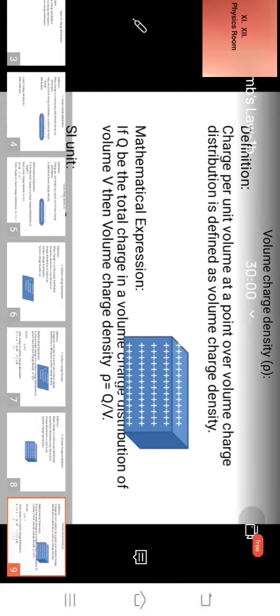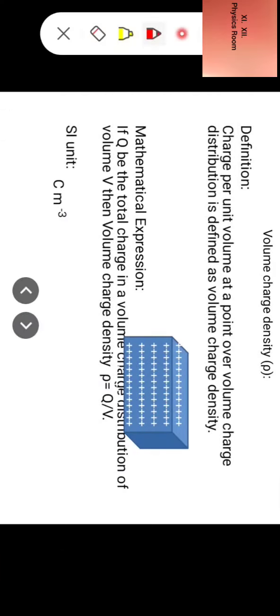Now the mathematical expression. If Q be the total charge in a volume charge distribution of volume V, then volume charge density rho is equal to Q by V. SI unit will be coulomb per meter cube.